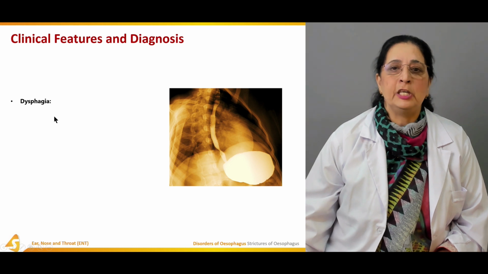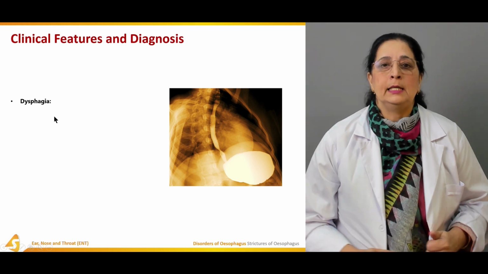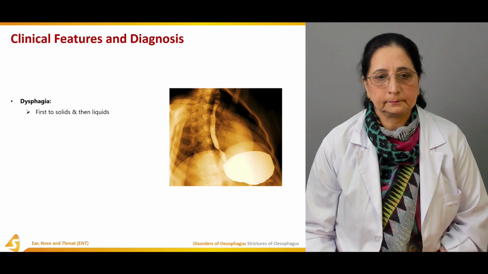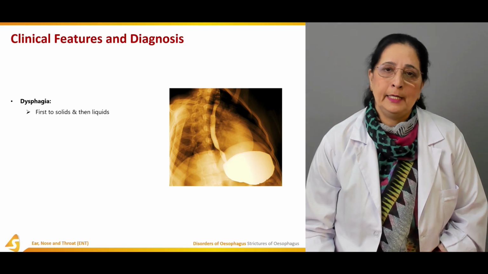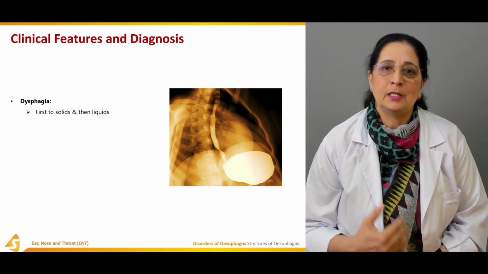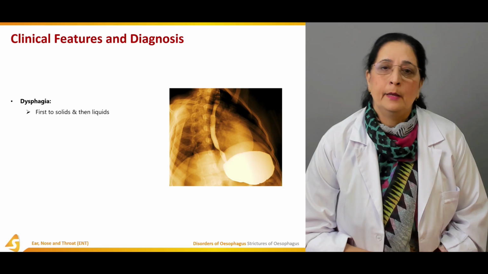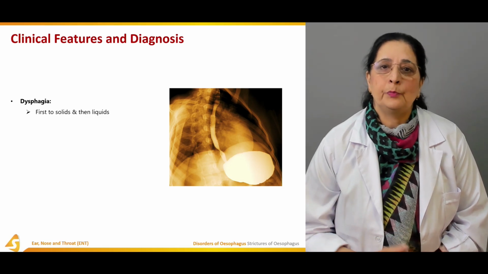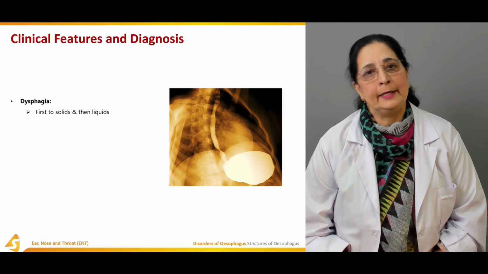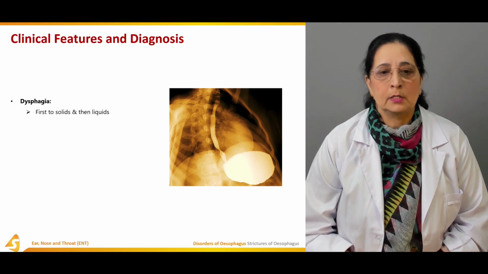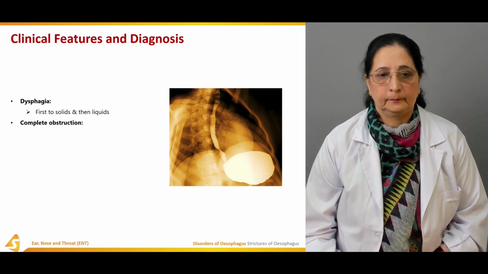Dysphagia is difficulty in swallowing. First to solids: initially, when the strictures are not really very bad, the solids cause pain. But slowly, as the condition progresses, ingestion of liquids also causes dysphagia.